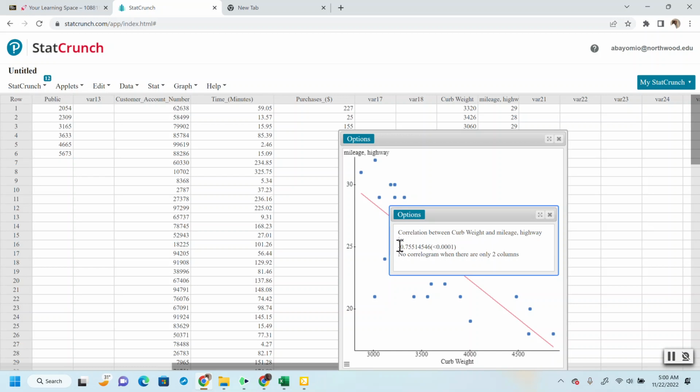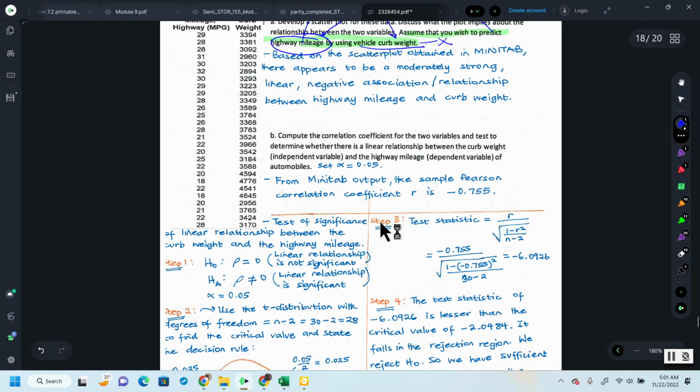So the correlation coefficient itself is negative 0.755, and the p-value is very small, that is smaller than 0.001. Essentially, it is 0. So I have the first part of this question, which is to compute the correlation coefficient that is equal to negative 0.755.